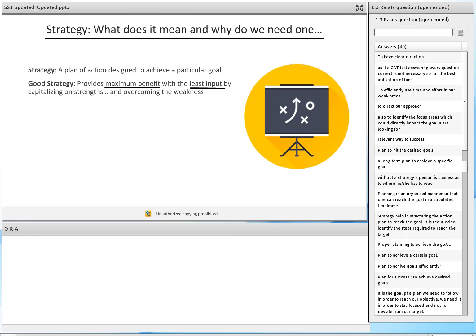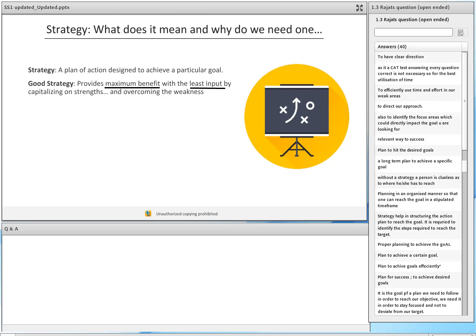Least input, if you want to go from a 500 to a 740, would still mean about 200 or 220 odd hours. But the approach with a good strategy would always mean less time and a higher probability of success than the approach with a strategy which doesn't come under that good aspect.